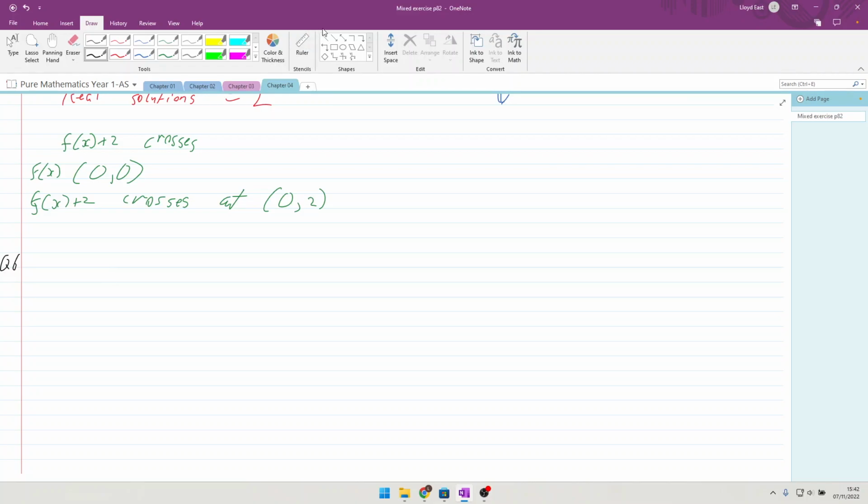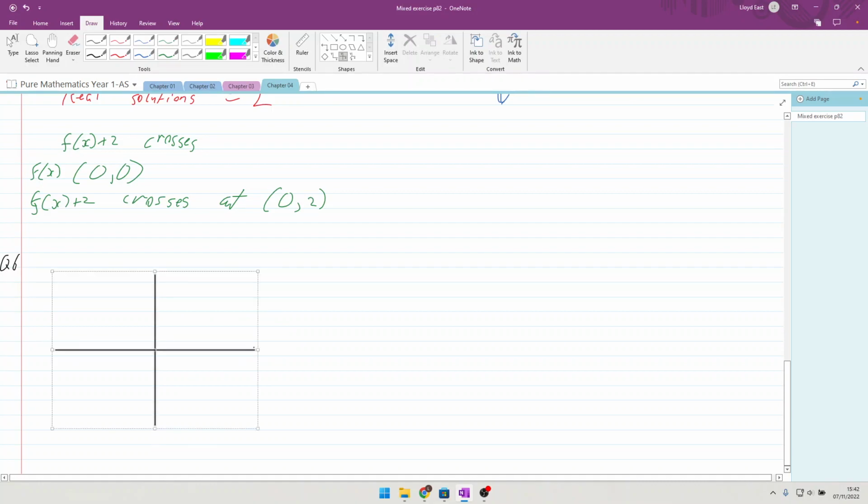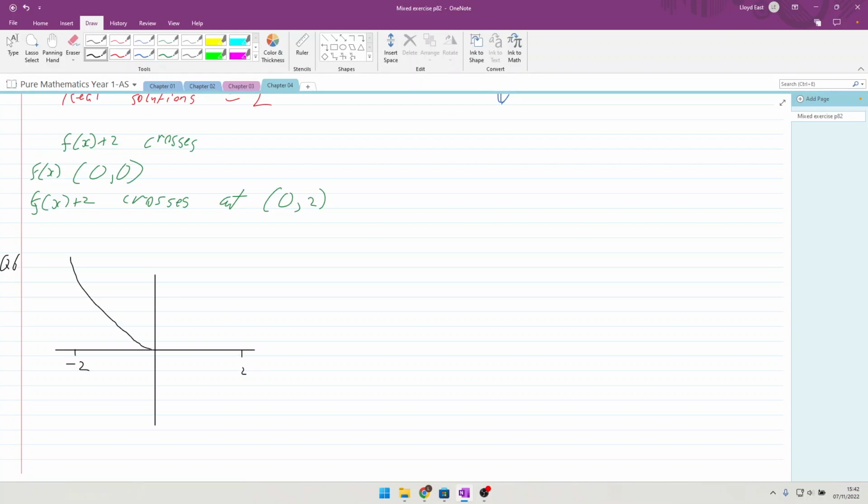Okay, so they have something like this, and they've got minus 2, 2 labelled up, and they've got some sort of curve that comes down here, touches the origin, scoots up and down, and comes through 2.